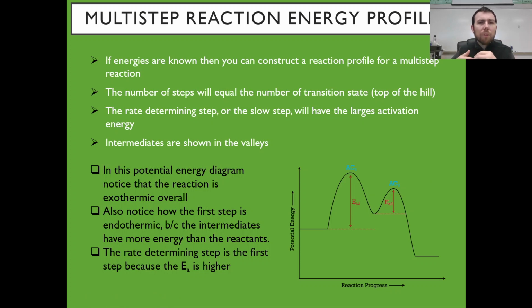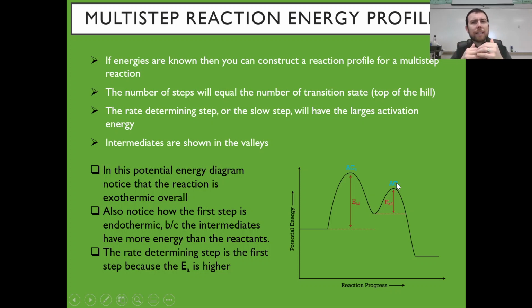The second thing we should be able to determine from a multi-step reaction energy profile is the rate determining step, or the slow step. What we're going to look for is whichever step has the largest activation energy, so the greatest difference between its reactants and its activated complex, here and here versus here and here.